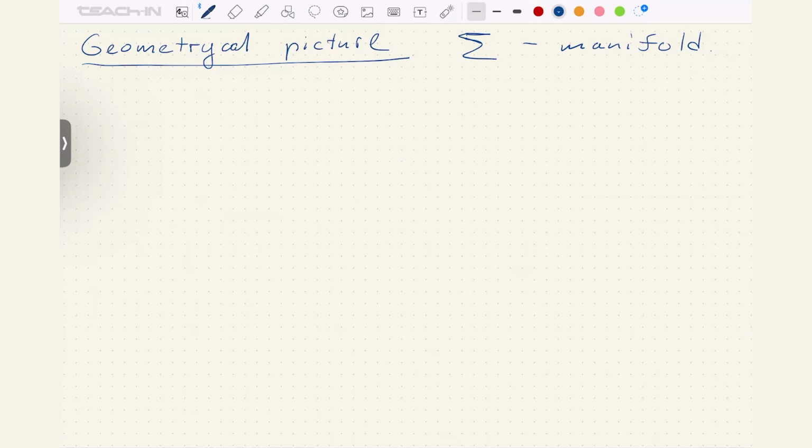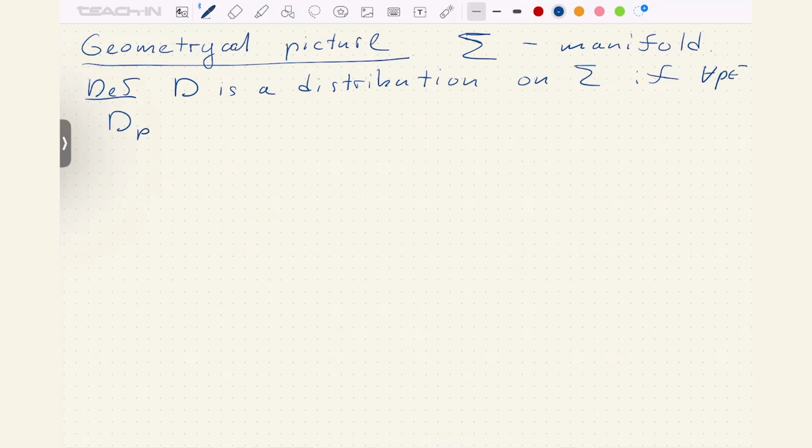Okay. And the first definition we need is a distribution. So D is a distribution on sigma if we are given, for any point in sigma, a subspace of the tangent space at this point.